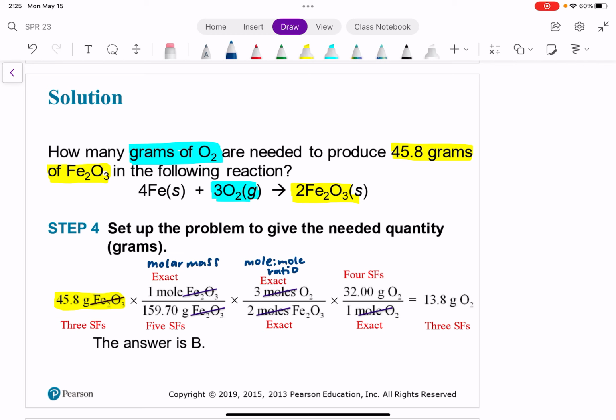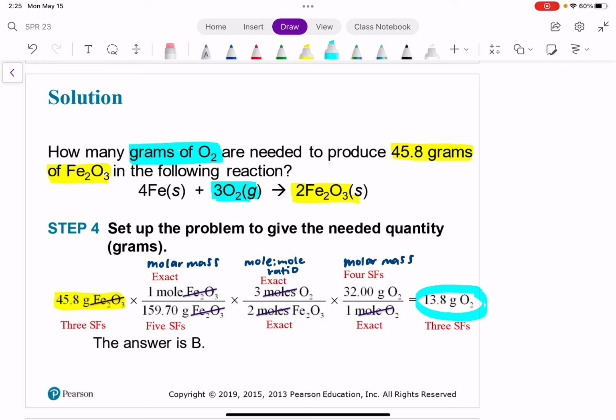And then we're going to, again, use the molar mass, this time for oxygen, to get from moles of oxygen to grams of oxygen. Okay, and that's what we wanted to get to.